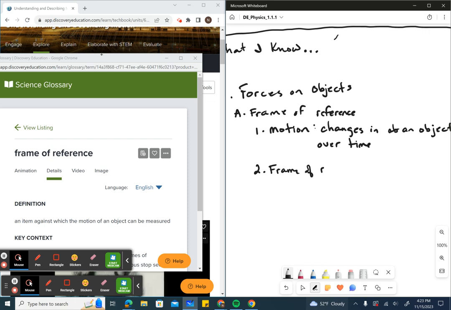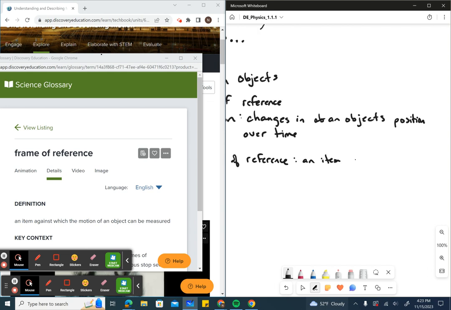Frame of reference is an item against which the motion of an object can be measured.